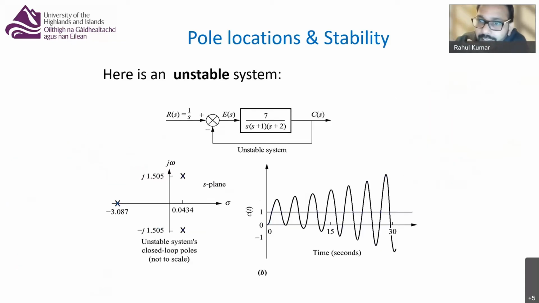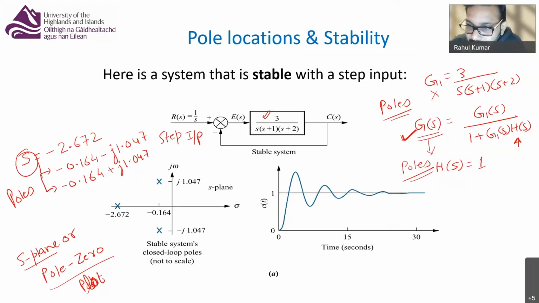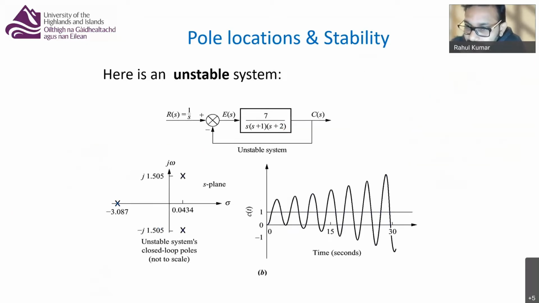Now, in the next example, I have used a similar transfer function. In the previous case, in the numerator, I had 3. The denominator is the same, s times (s plus 1) times (s plus 2). I have just changed the numerator value from 3 to 7.